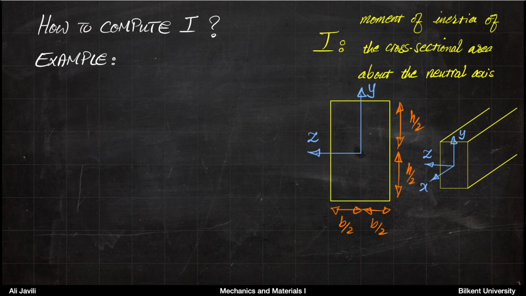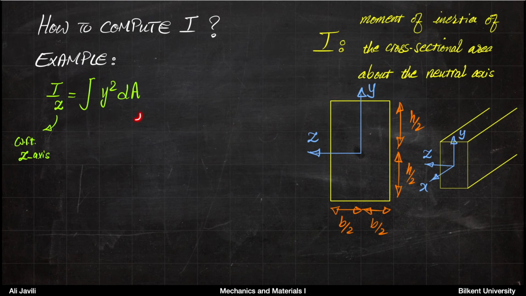Also, you can do the same thing for a rectangular cross-section, and that is what we want to talk about. If you have a rectangular cross-section with width b and height h, you know the centroid passes through the center, so we want to calculate the moment of inertia with respect to the z-axis.